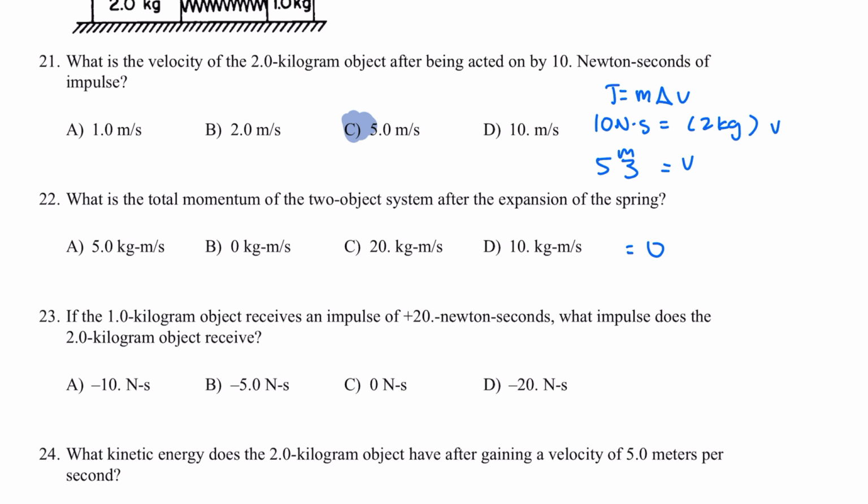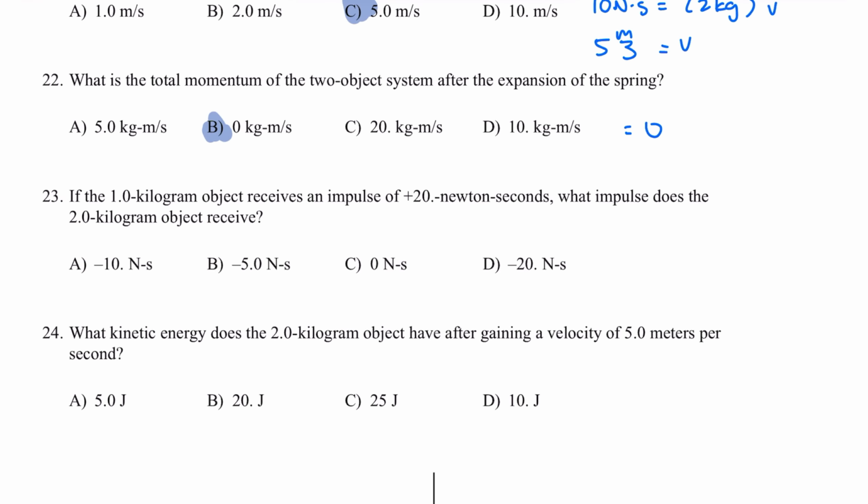I know that this might be a little confusing because it says that the objects were pushed apart, which means that they did move, but even if the objects move apart and gain individual momentum, their total momentum as a system still remains 0 because the momentum in one direction cancels out the momentum in the opposite direction. So our answer is choice B.